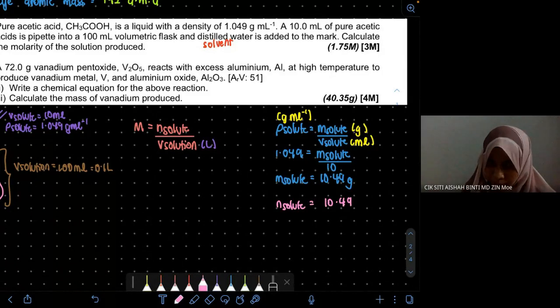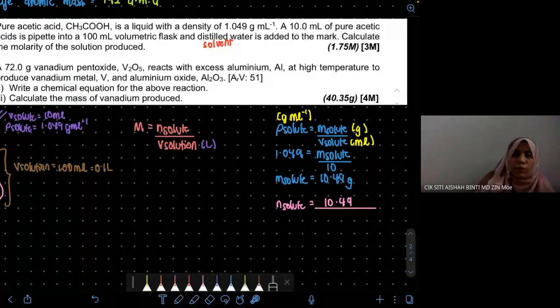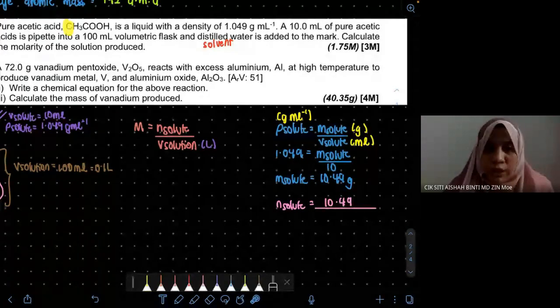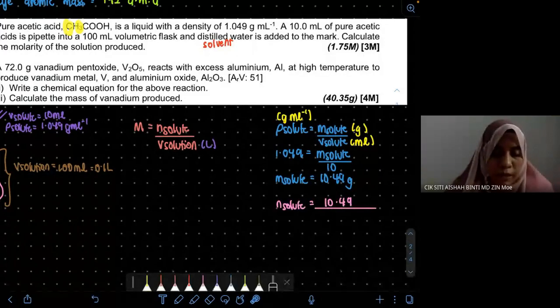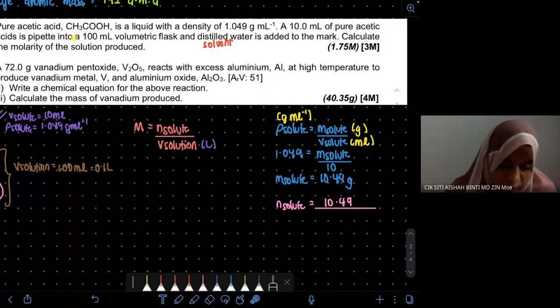So, we get 10.49 divided by, okay, ini kita cari number of mole macam biasalah, mass divided by molar mass sebab kita ada gram kan. So carbon dia punya molar mass 12, hydrogen dia punya molar mass is 1, oxygen molar mass dia adalah 16. So carbon kita sebenarnya ada 2.